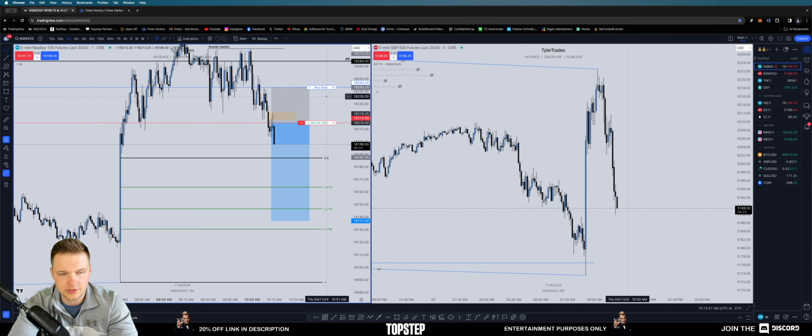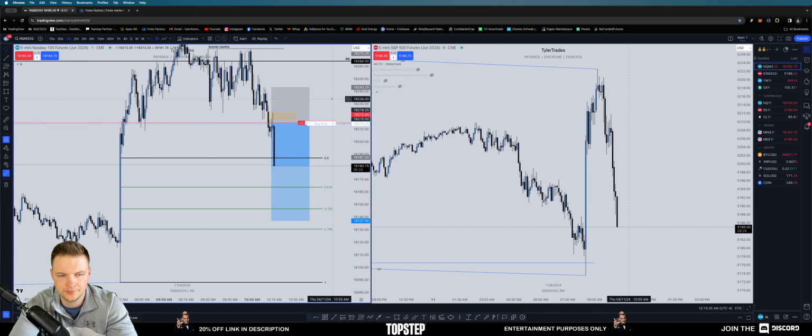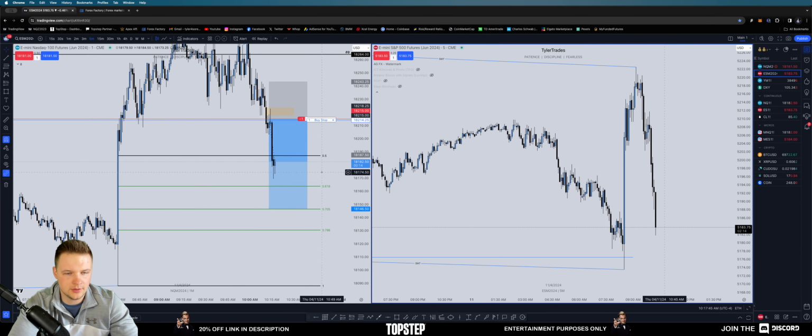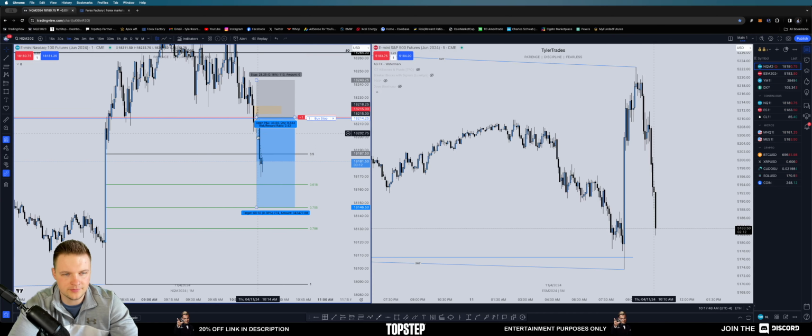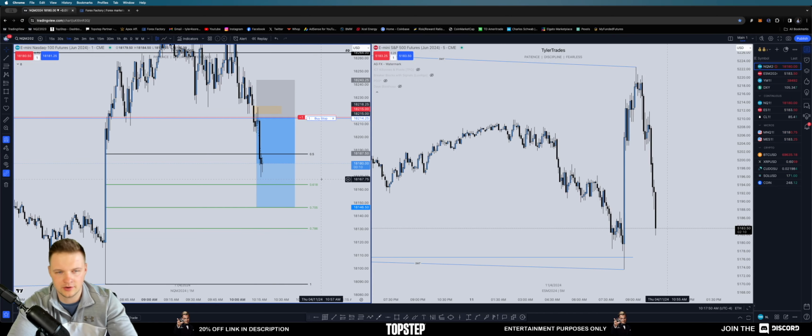See if we can ride it out the rest of the way. All right, here we go. Risk free. Take a partial if you did more than one contract. Take a partial, take a partial. But yeah, holding risk free. Got a nice fair value gap protecting our trade now.